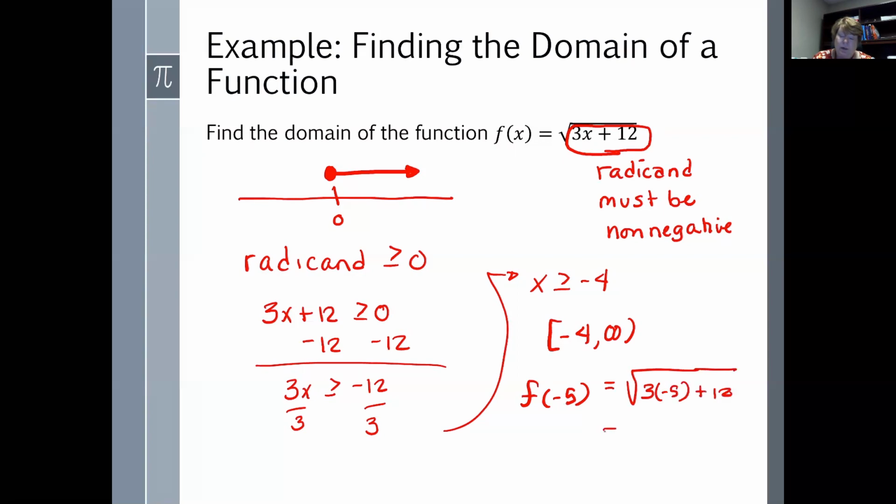Well, we would get the square root of -3. And that is not a real number. So -5 must not be in the domain of this thing. So the domain must be numbers greater than or equal to -4, because any number that I substitute into this function that's greater than or equal to -4 will cause an output that's in the set of real numbers. So we'll be fine as long as it's greater than or equal to -4.